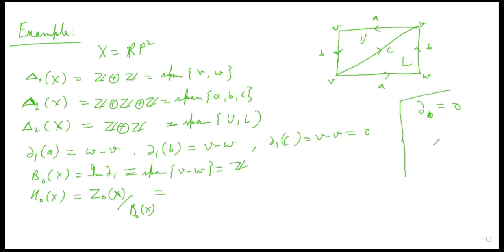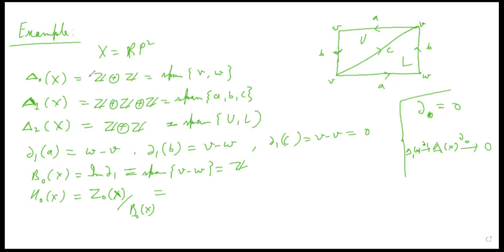Because this delta on x zero. This is delta one x one, right? So this is always zero because this is zero. So your kernel is whole delta naught x, right?